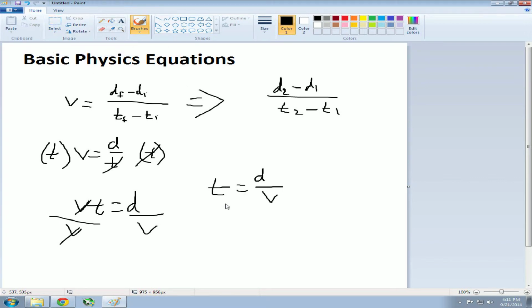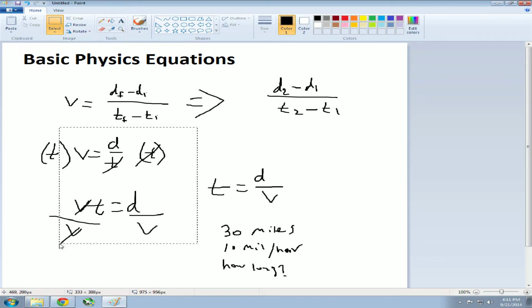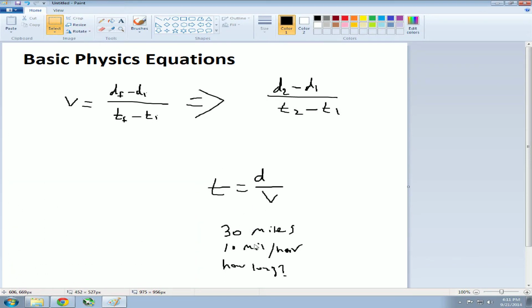Now let's see if this works, right? How long does it take for a car to move 30 miles? So 30 miles. If the speed's 10 miles per hour, and we're trying to find how long does it take. Okay, so this is a pretty interesting thing to think about.